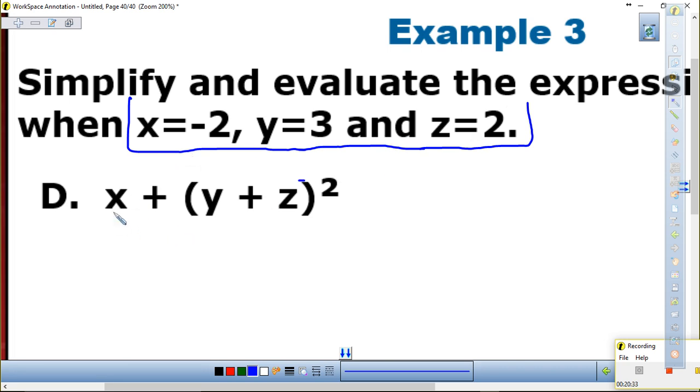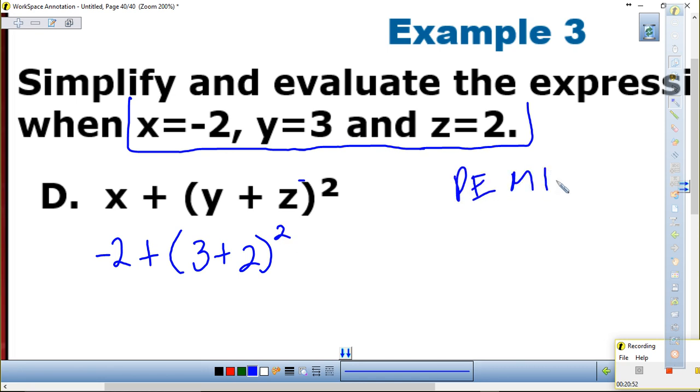So what is the value of x? -2 plus. What is the value of y? 3 plus. What is the value of z? 2, close parentheses squared. Now we use order of operations. So, do I have parentheses? Yes. Let me simplify inside. What is 3 plus 2? 5. Bring down the squared plus -2.